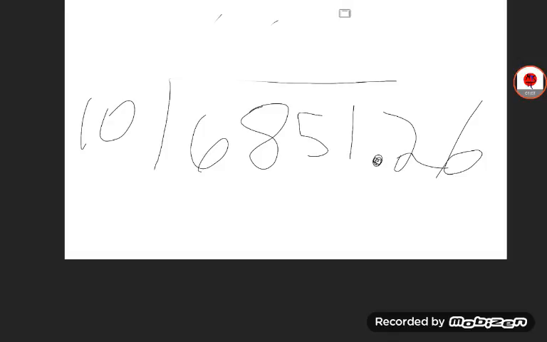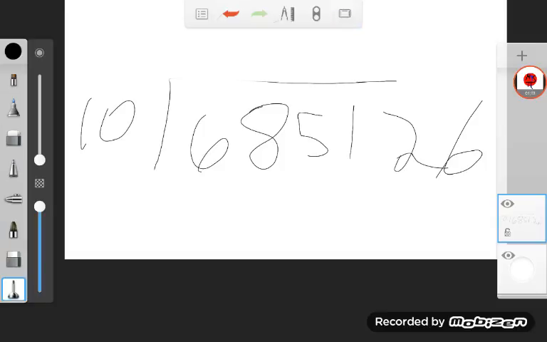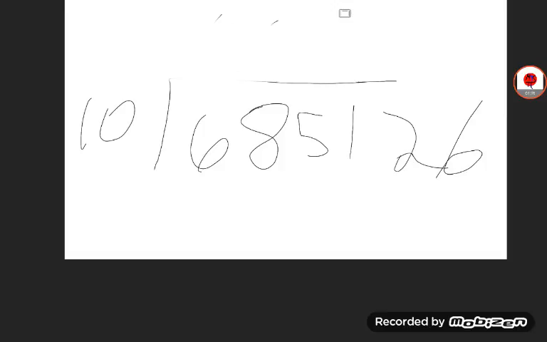So the way we do this is we erase that decimal point and we remember it's right there. And then we move from our original decimal point.